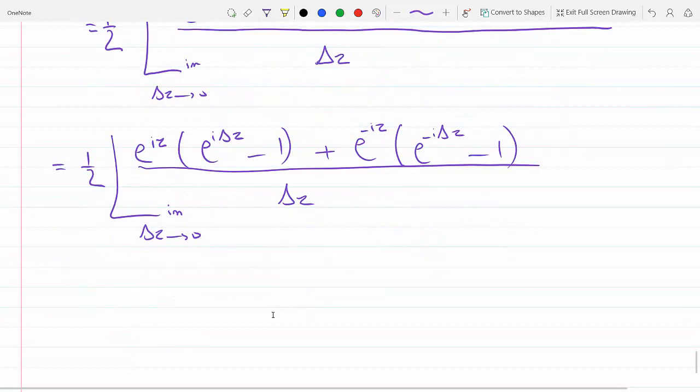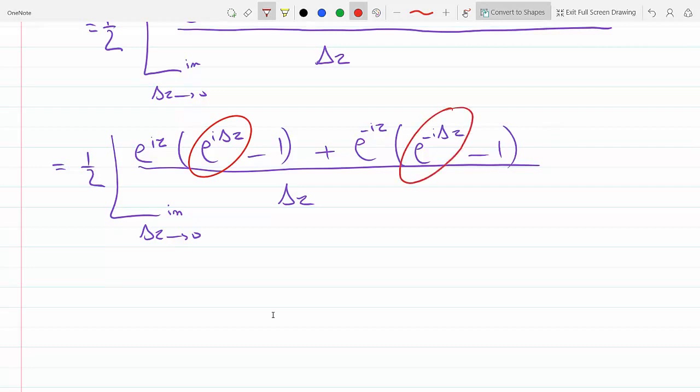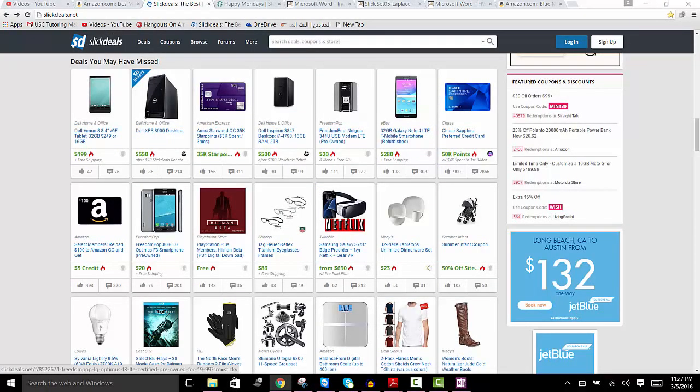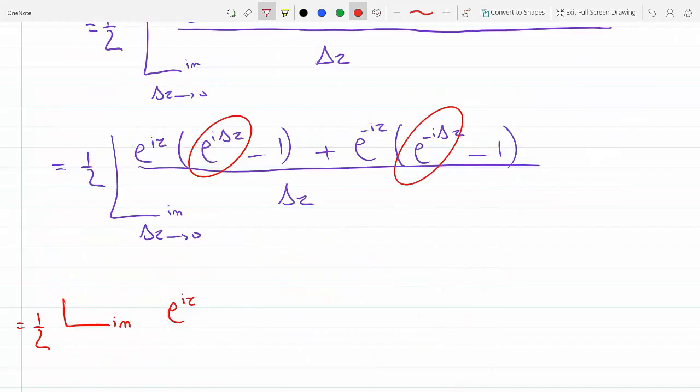Okay, now at this point we will use the definition of the exponential on this one and on this one. So we will get 1/2 limit, e to the iz into, so it's e to the I delta z.